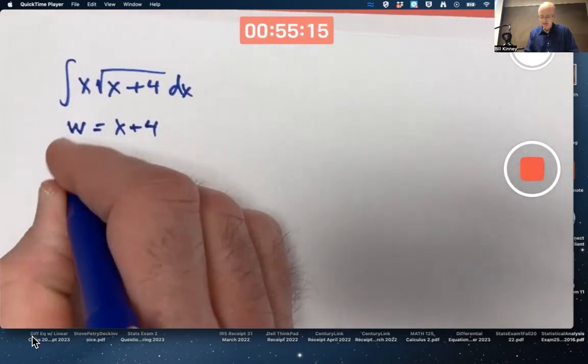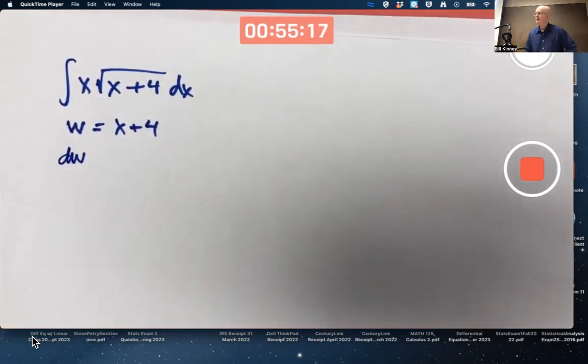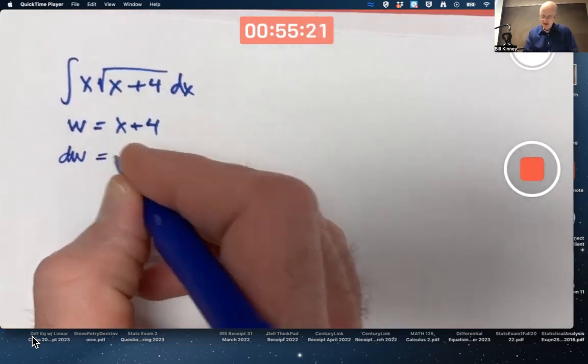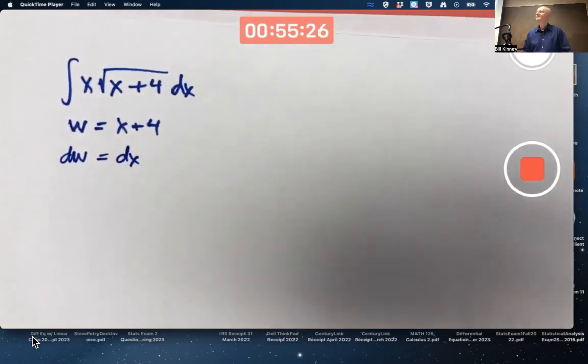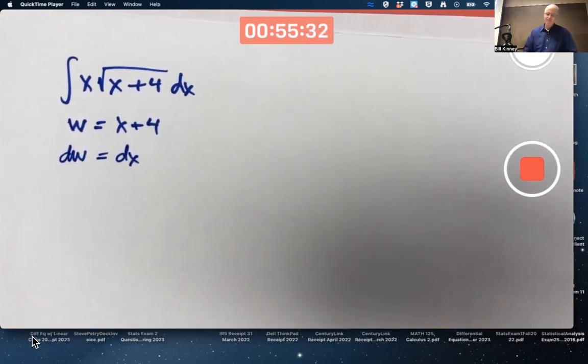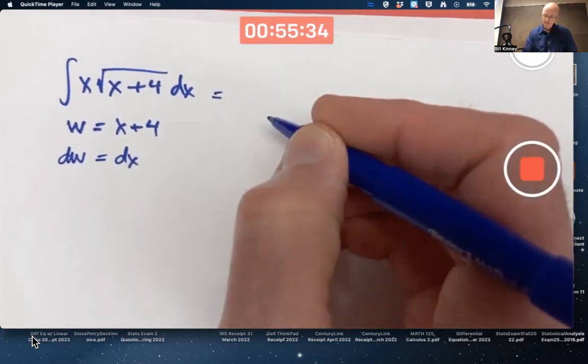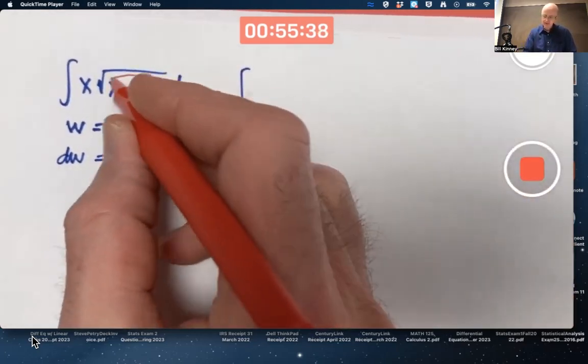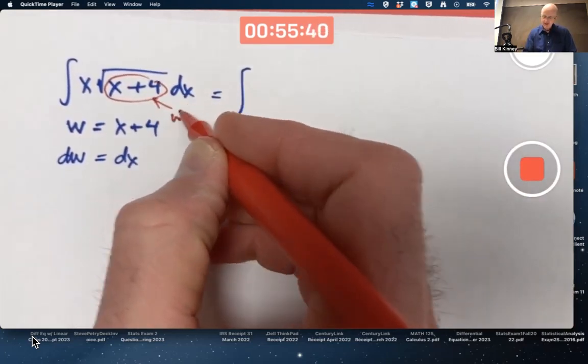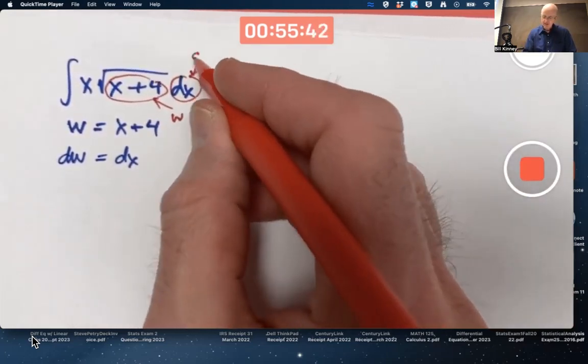What's dw? dw/dx is 1. Therefore, dw itself is 1 times dx, or just a plain dx. So while w doesn't equal x, dw does equal dx. So the x plus 4 here gets replaced with w, and the dx gets replaced with dw.